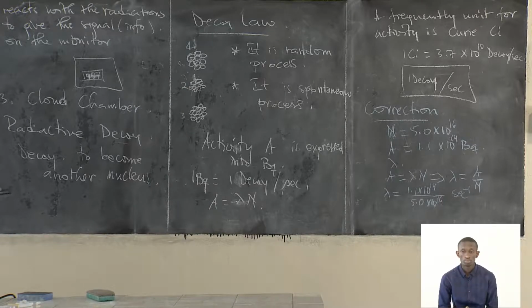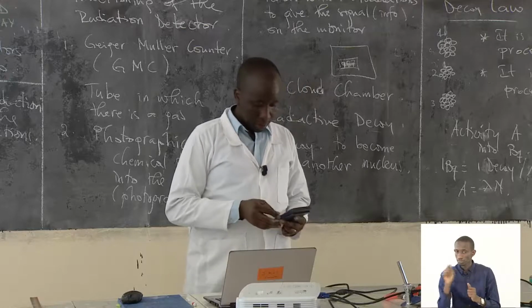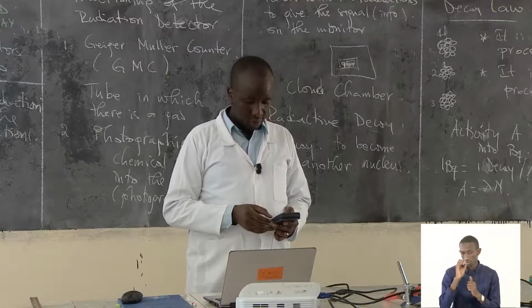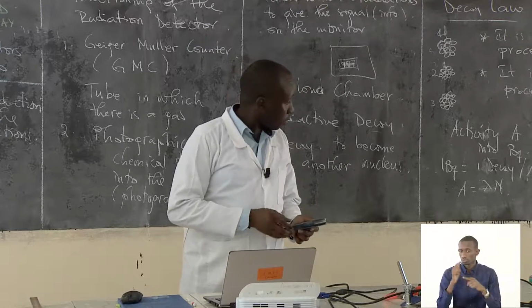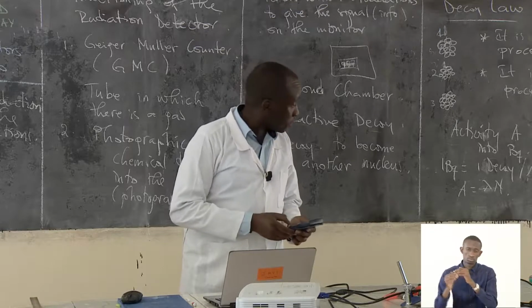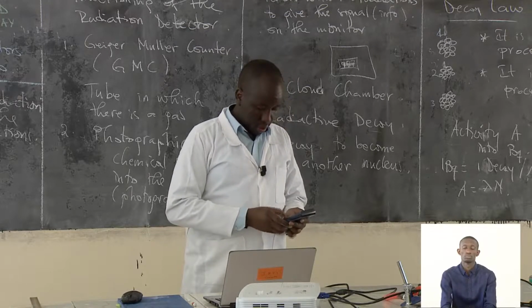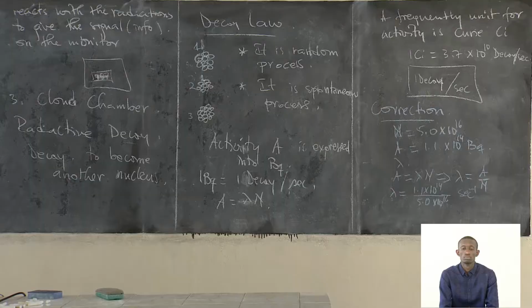So good, you have the answer here. Let's calculate that. We have 1.1 times 10 power 14 divided by 5.0 times 10 power 16.